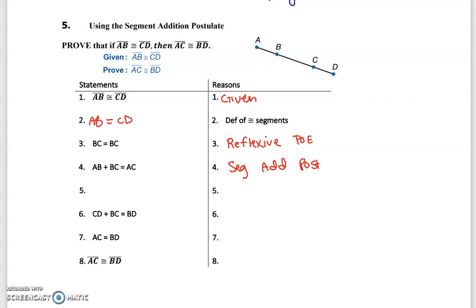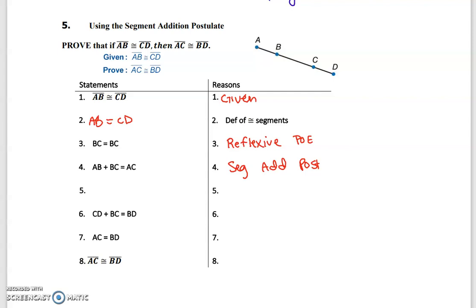Well, if we know that AB and CD, kind of look to see what's going to come in the future here. So we have CD plus BC equals BD. So it looks like we're probably going to replace the AB with a CD, because that's going to come.